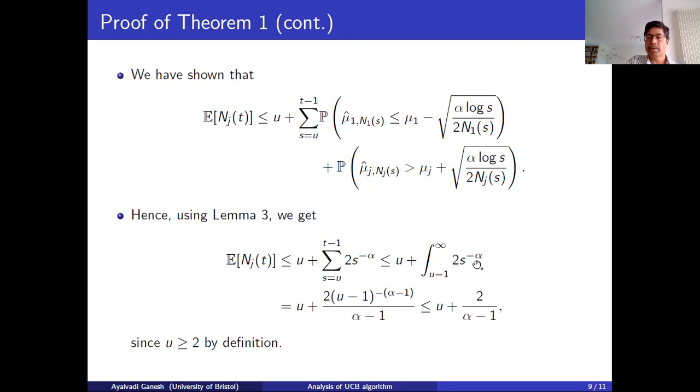If alpha is smaller than 1, this integral blows up. So the UCB algorithm is still defined. You could carry out all the steps in the algorithm even with alpha between 0 and 1, but it gives you no guarantees about the regret. The regret could blow up.